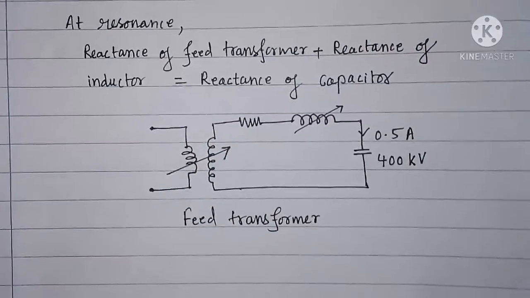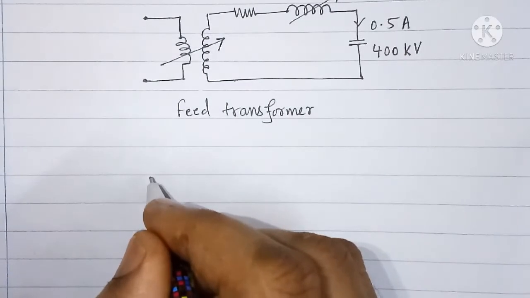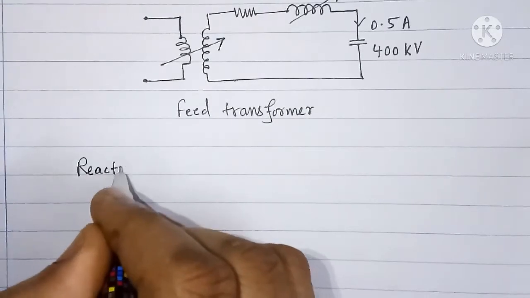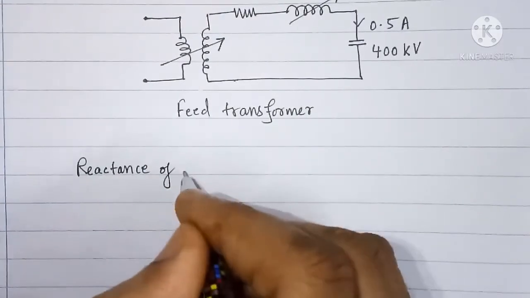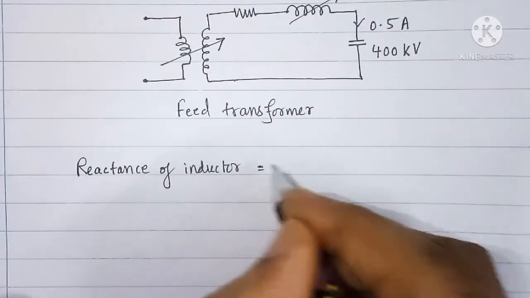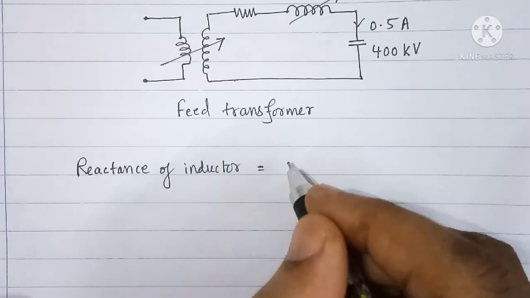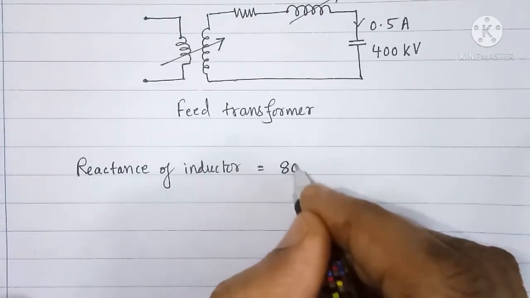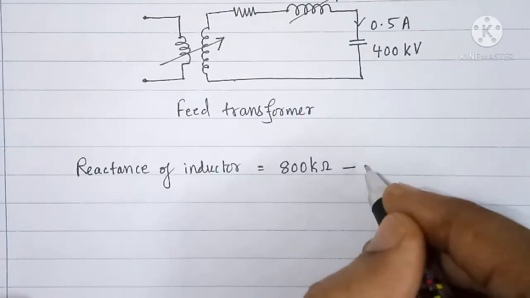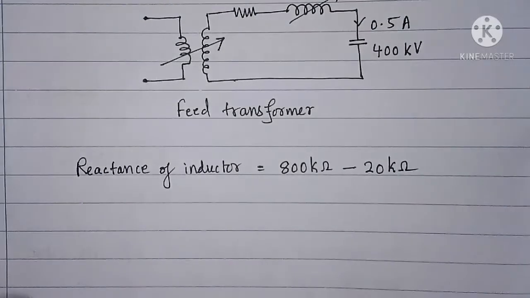Using that, we can write reactance of inductor equal to reactance of the capacitor, that is 800 kilo ohm, minus the reactance of transformer, which is equal to 20 kilo ohm.